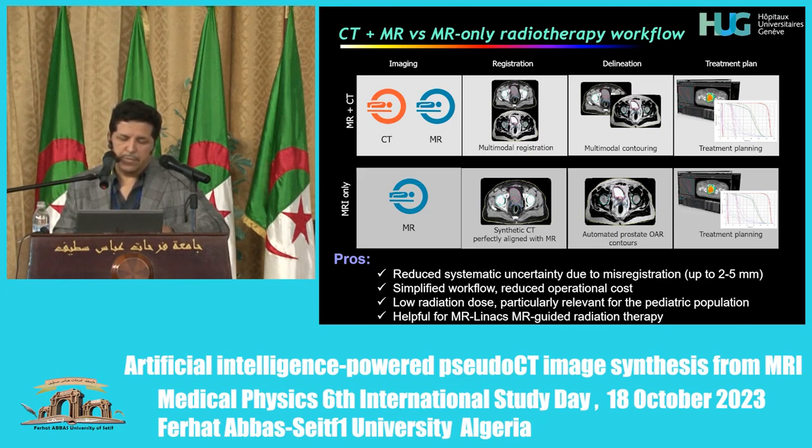Again, it's very difficult to keep the filling of the stomach and the bowel consistent because of the temporal variability, owing to the fact that the two scans are not acquired during the same day. The MDs are usually not very happy with these inconsistencies, and one of the solutions to this problem is to move from MR plus CT to MRI-only radiation therapy treatment planning, as you see in this scheme here.